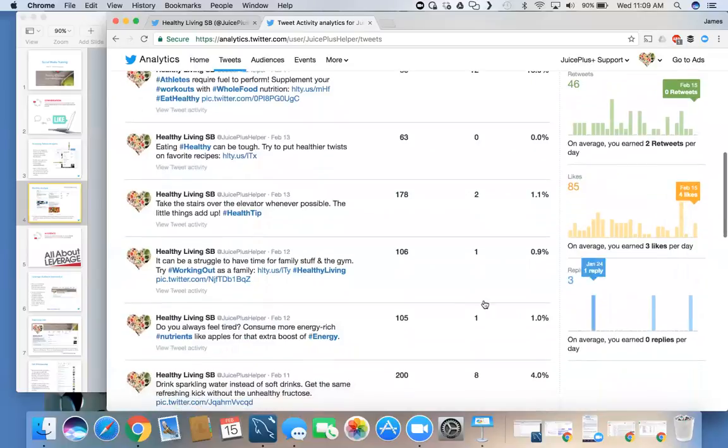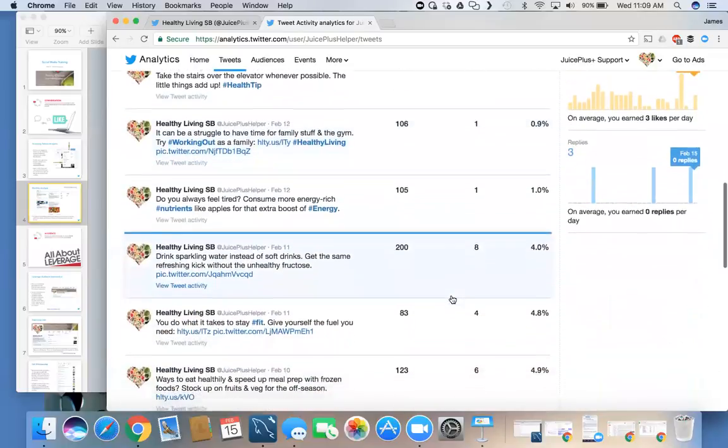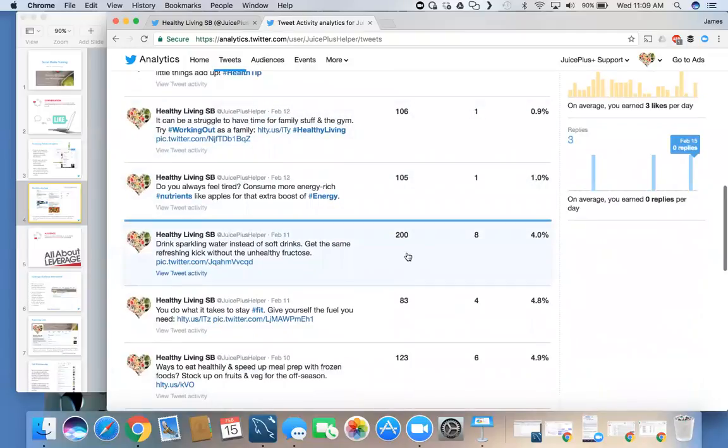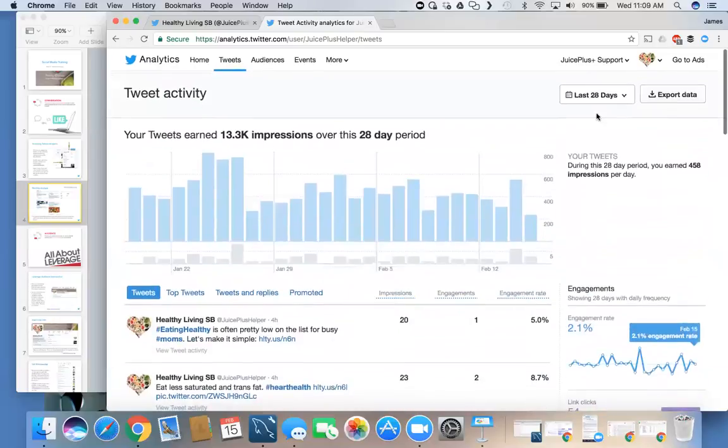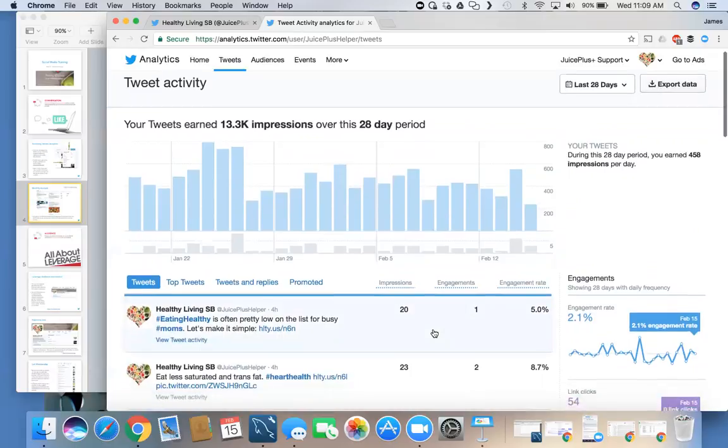So if somebody responds. But I like to look at this view because I can quickly peruse my list here and just by impressions see what kind of worked the best. Now I also am a data nerd, so if you want to export your data, you will get a beautiful spreadsheet that includes every single tweet, every single thing that happened to it, when it happened to it, and I use that to easily pull the sheet and sort it by impressions or sort it by engagements, and that will put my top tweets at the top of the list instead of scrolling through this whole thing.